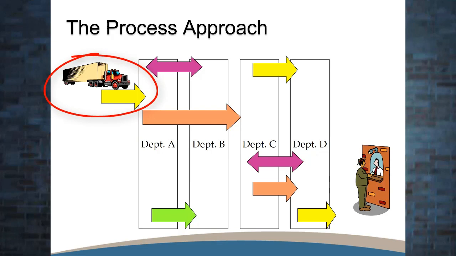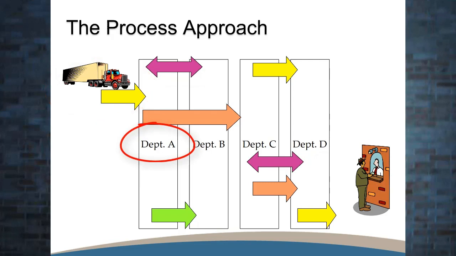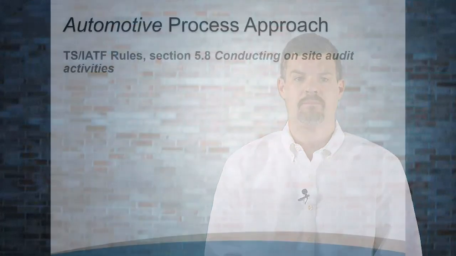The material is likely to come in from an outside source, an outside provider, into Department A. Let's say Department A is either material management or the warehouse, and you see the material then flows from Department C to D. So this makes a process approach to managing and a process approach to auditing a bit more tricky, because you're more than likely going to have to go through multiple departments, multiple channels, multiple groups of personnel in order to follow the process approach to auditing.